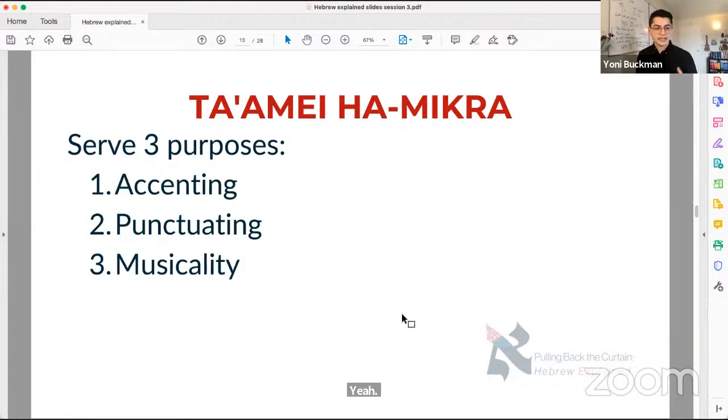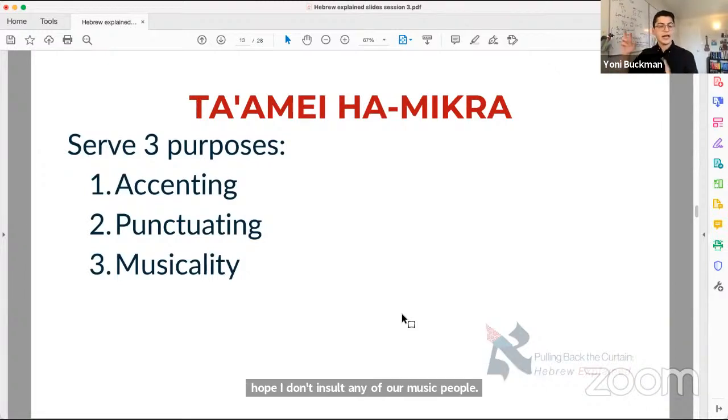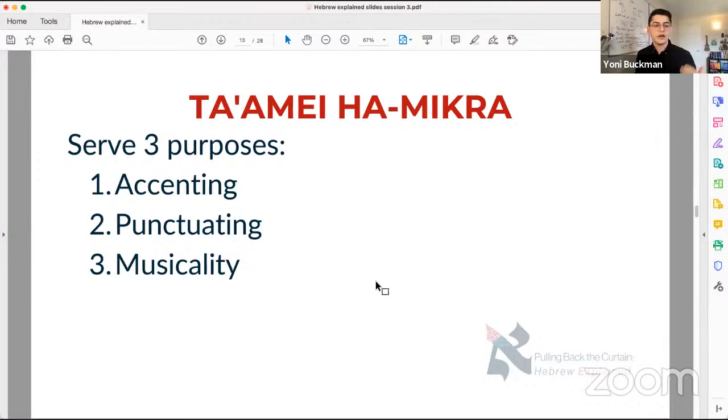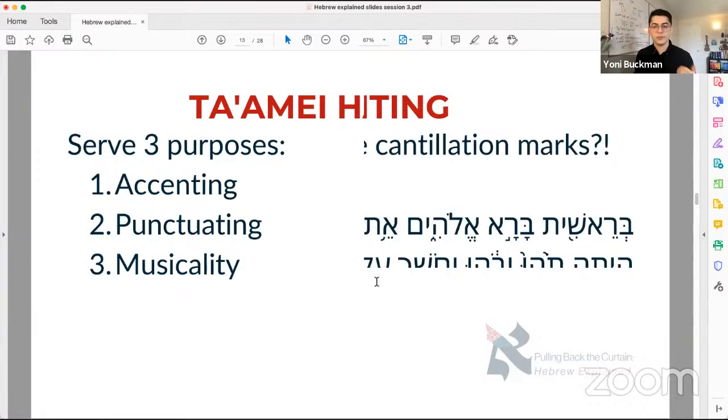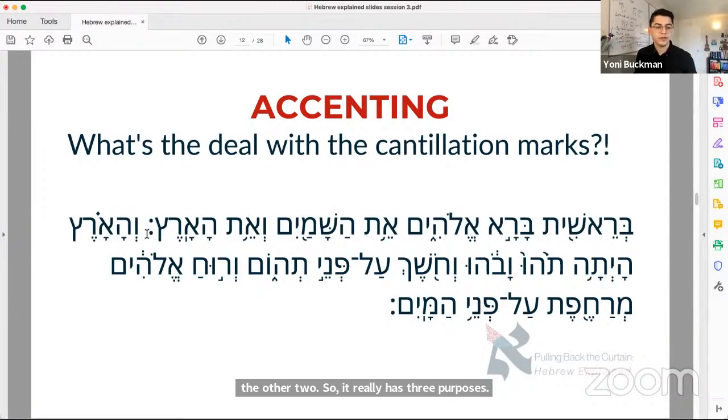One is accenting, making sure that you are putting stress on the proper syllable. Accenting and syllables also has to do with how vowels morph from one vowel into another vowel, and also with punctuation. So if I go back here, you've got an end of sentence here. Instead of a period, you have what's called a siluk, or a sof pasuk.